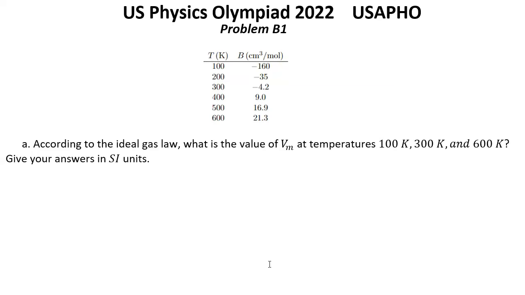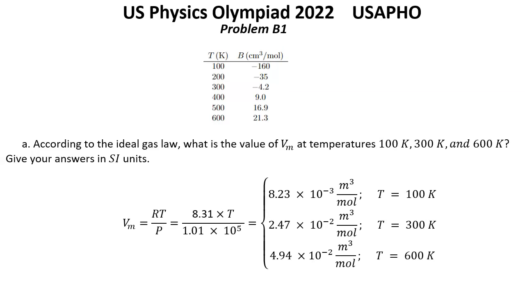Plugging in the values and converting to m³/mol in the ideal gas formula, we have V_m equal RT over P, or using SI units, we have these numbers for 100, 300 and 600 kelvins. That was the solution for question A.